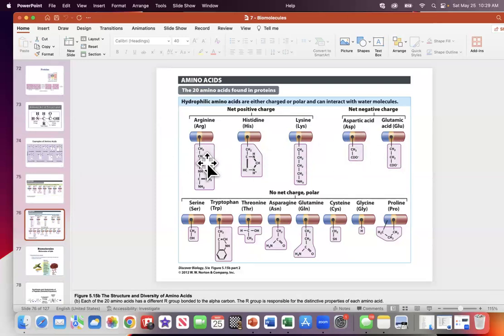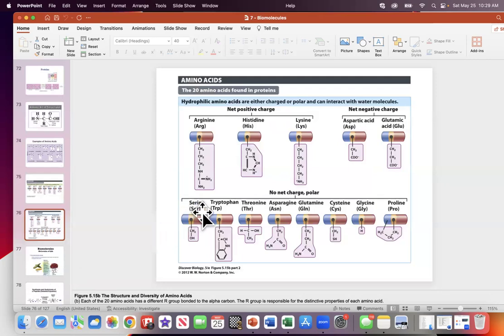When they form the protein, they have no problem touching water, so they're probably going to face outside. And then there are the polar ones with no net charge. So they have hydrophilic, hydrophobic, or neutral ones.